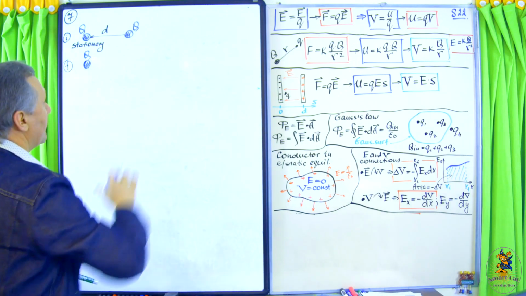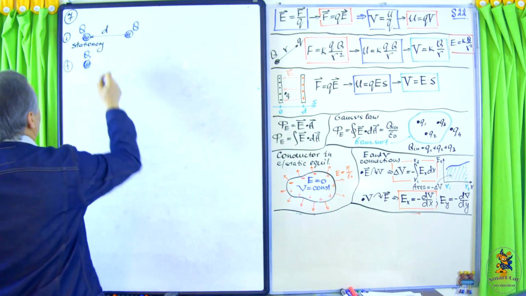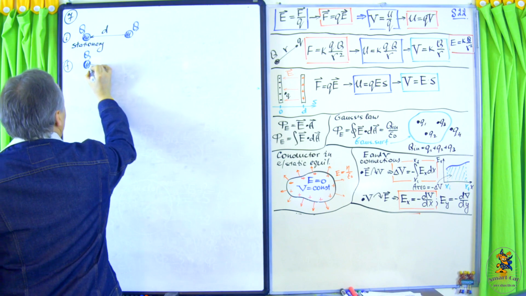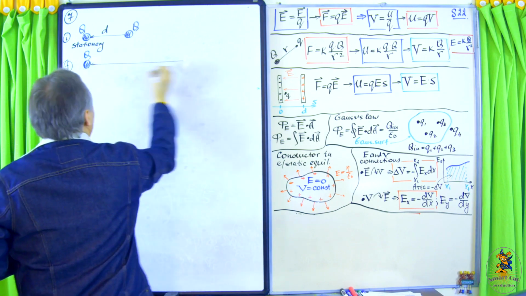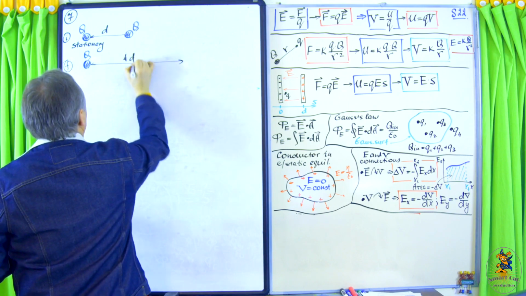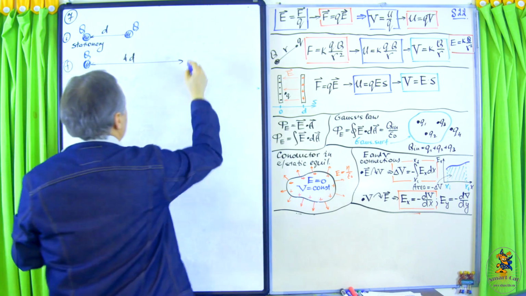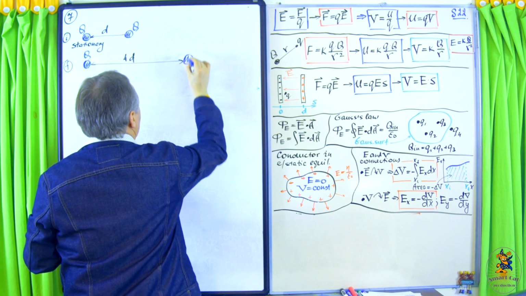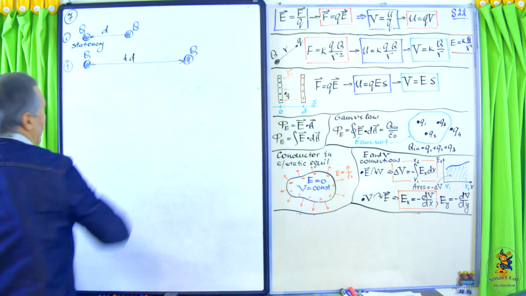Okay, I don't think that I have enough whiteboard, so it will not be to scale. So at a certain moment of time, this distance is going to be 4 times d. And that's our charge Q. So that's the final situation.